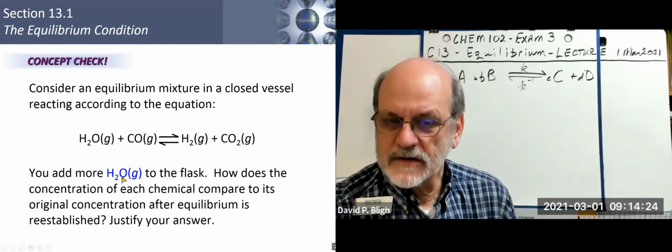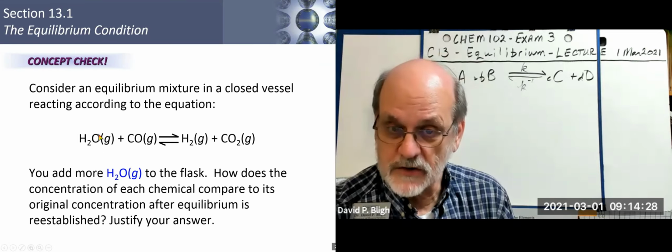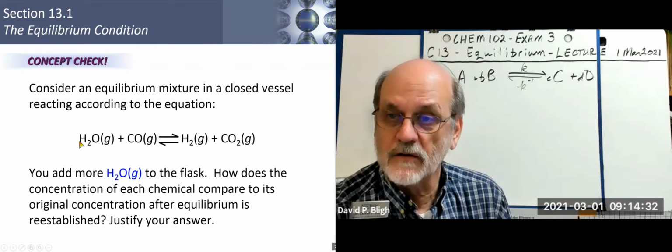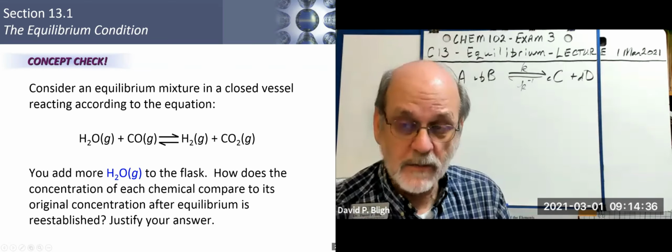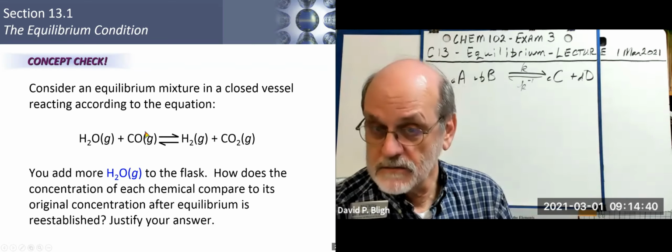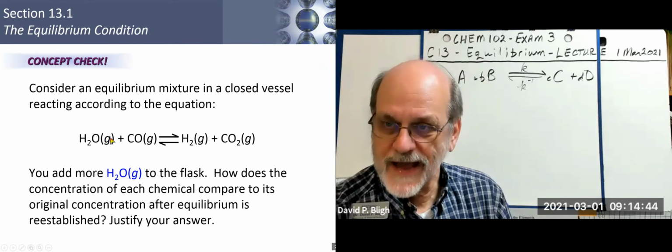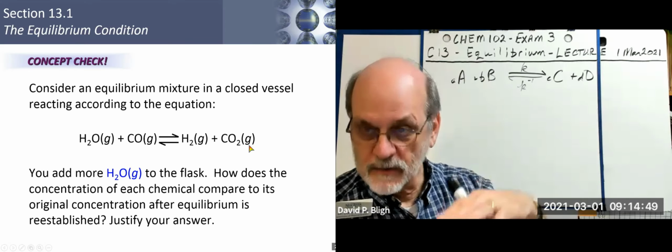So if you inject water vapor into this reaction mixture, what's going to happen? Well, you've increased the concentration of water, and you've essentially disturbed the equilibrium. Right? So if you've got more water and there's still some carbon monoxide in there, then those two are going to react to produce some more product until an equilibrium is reestablished.